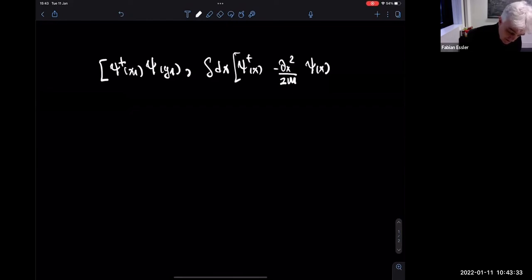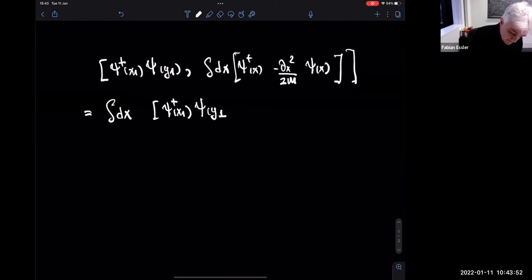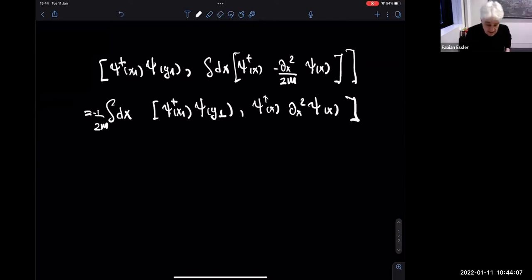Okay, so what is this? You write it as dx, and then here you get the commutator, psi dagger of x1, psi of y1, and here you would have psi dagger of x, so let's say 1 over 2m dx squared minus psi of x. And now you basically just calculate this commutator.